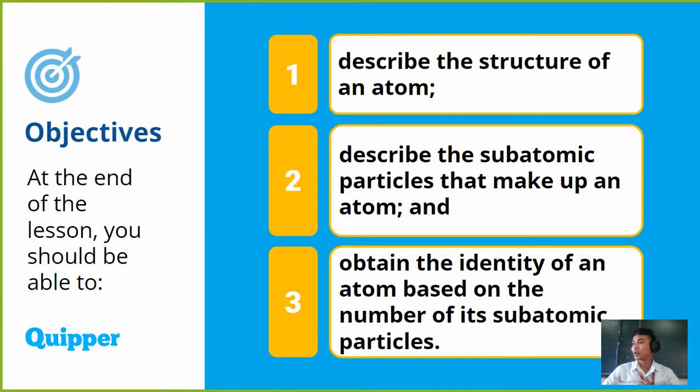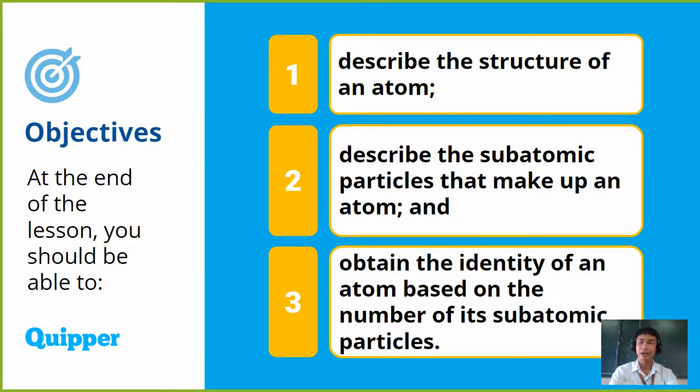Okay? So the third objective is to obtain and identify the identity of an atom based on the number of its subatomic particles.